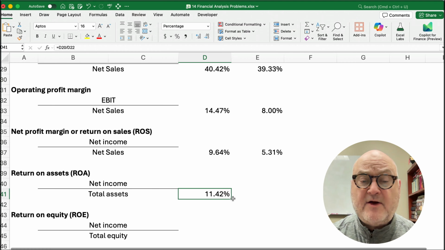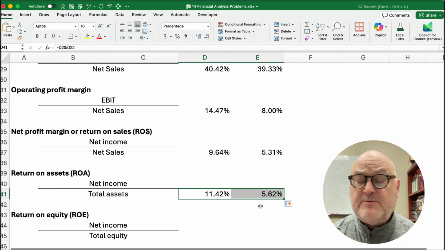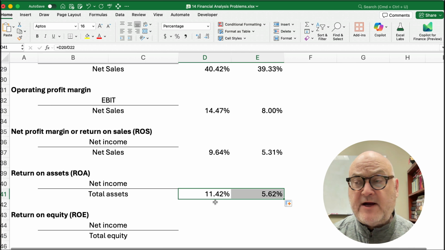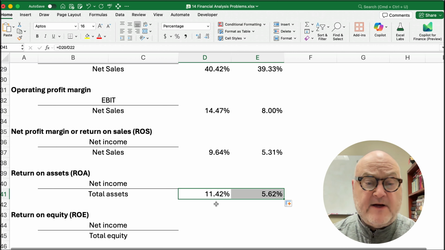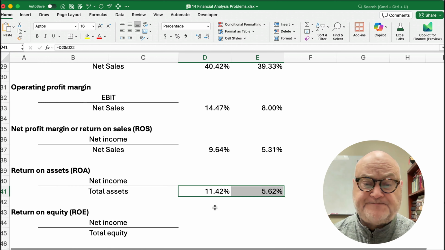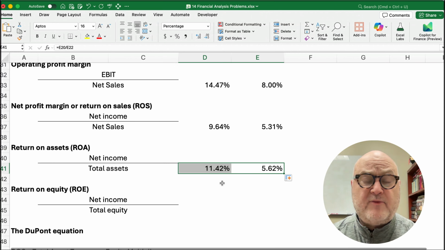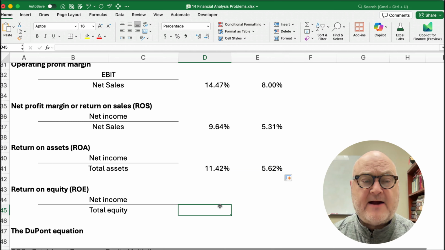We're going to measure that over time because you might have to borrow money to get some assets. You want to make sure that you're generating more than what it costs you to finance the money, more than your interest rate. Last year we were a little bit less profitable. Now we're at 11.4%. We're happier now because we had a higher profit, higher ROA.